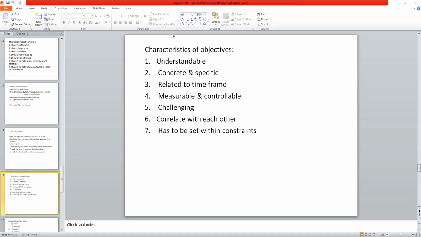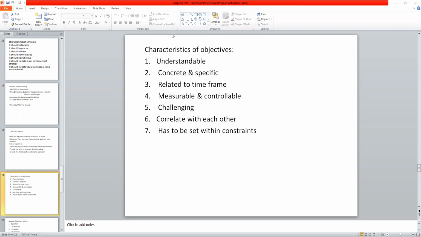Now here, these objectives are set by the managers. Many a times the functional managers have to understand what is expected of them, because ultimately it is the operational level or the functional level who will take care of those objectives and who are one of the subsets of achieving those objectives.